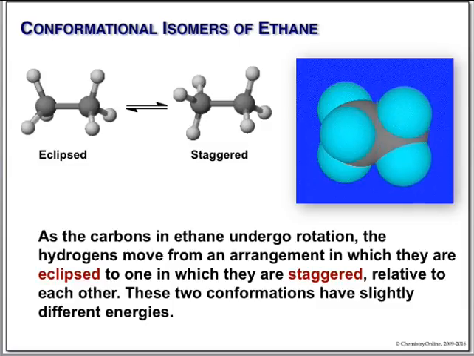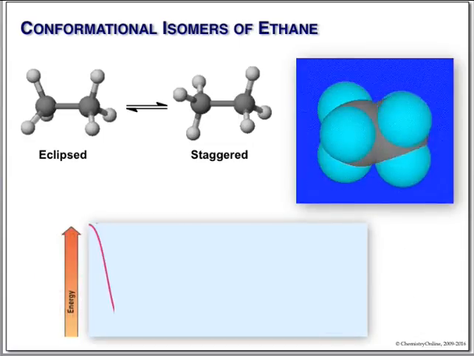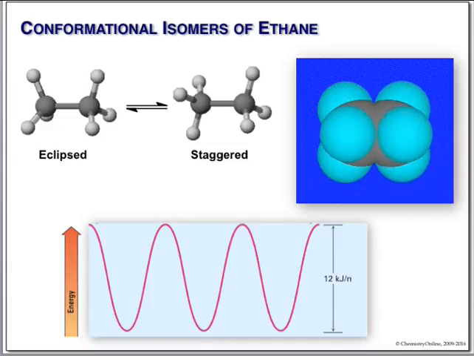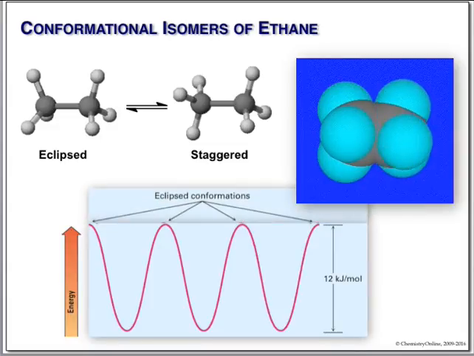When this gets here, all the hydrogens are basically touching each other. That's a higher energy situation. We can actually measure that. As this thing rotates, we can measure the energy difference in the conformation, and it's about 12 kilojoules, which isn't much.